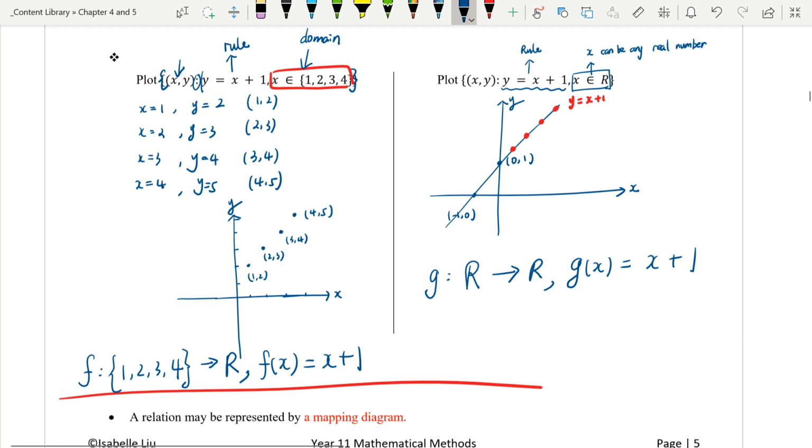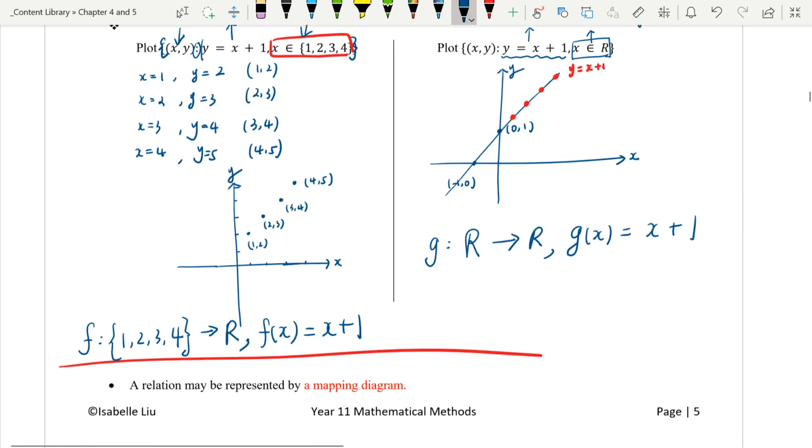It's not that hard. It's just that the domain and rule can be seen in the same line, and I'd say it's a more mature way of expressing this, but there's no difference compared to saying y equals something, and then the domain is that.